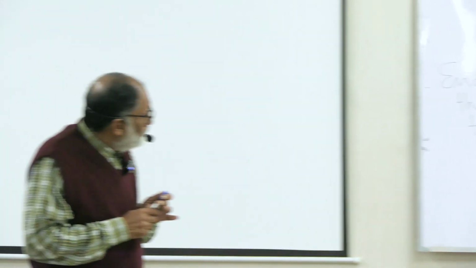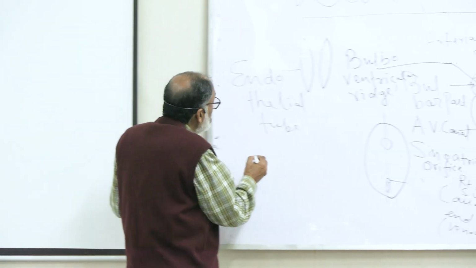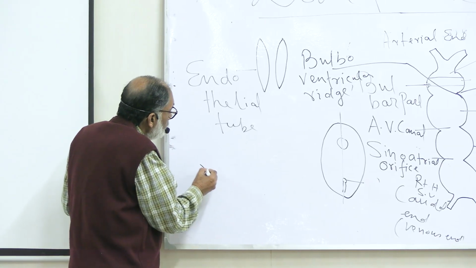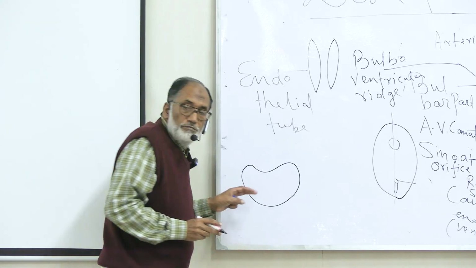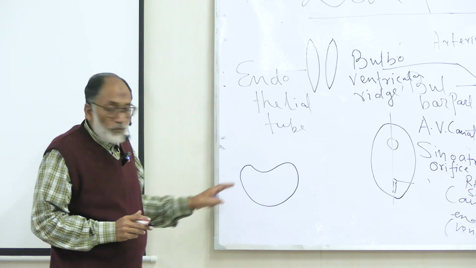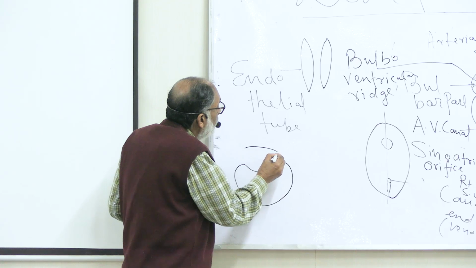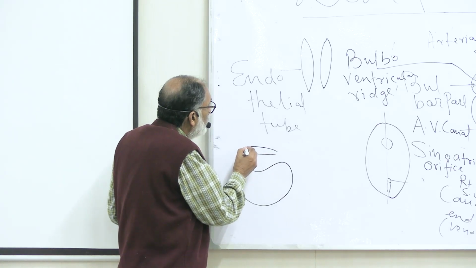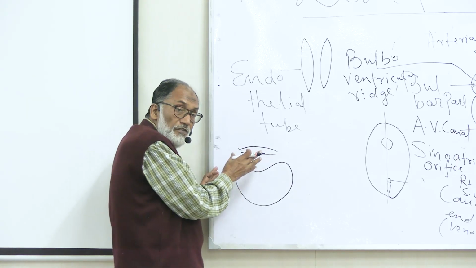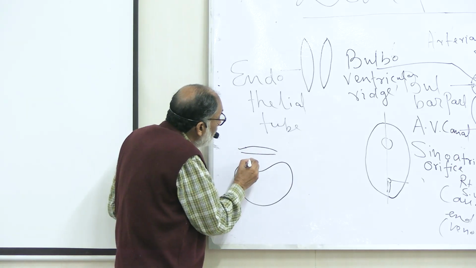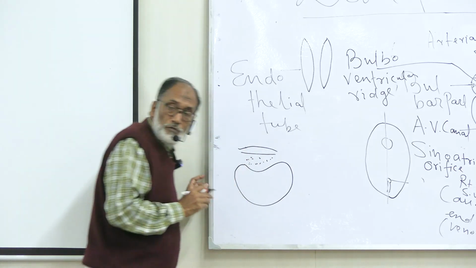Another thing you should know. Suppose this is the pericardium. Here lies the heart tube. The heart tube has developed from the primary heart field, and here lies the splanchnic mesoderm.